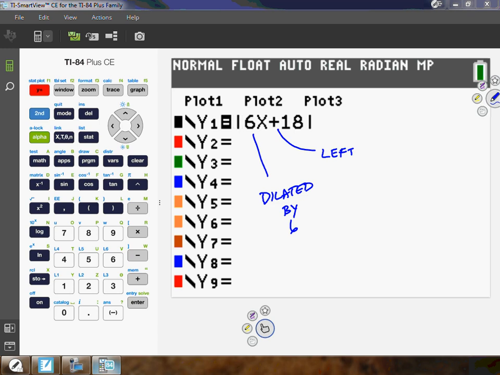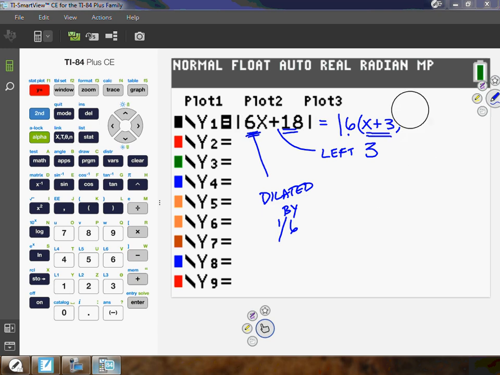The left is going to be left 3 because, as we did last week, if you have a horizontal compression, which we have here by 1/6, and a horizontal translation, you need to factor out the greatest common factor, 6, so you could see the shift is left 3.